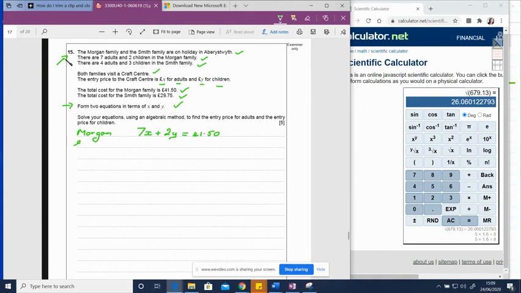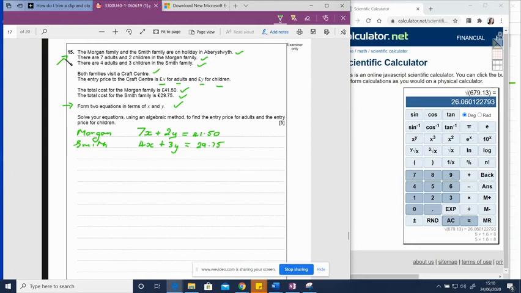Now if we look at the Smith family and do the same, there's 4 adults, so that's 4X, and there's 3 children, so that's 3Y, and we know that equals £29.75.